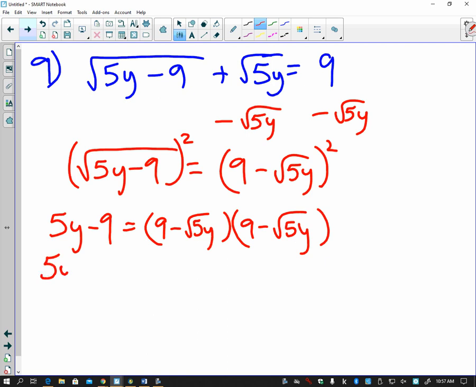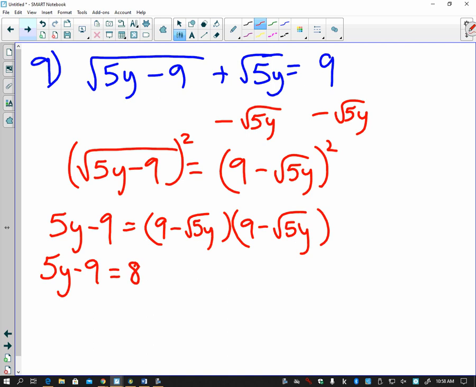But it's the only way for us to get it correct. Because this is not 9 times 9 and negative radical 5y times negative radical 5y only. Okay? It's also 9 times negative radical 5y. Okay? So we have foiling.